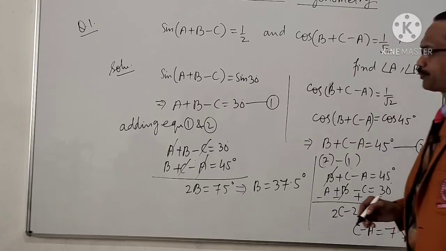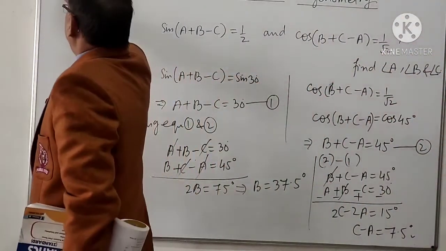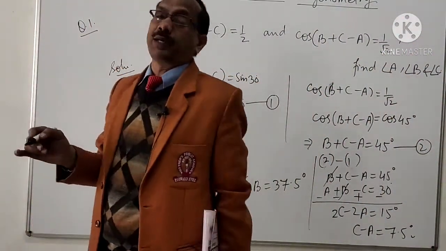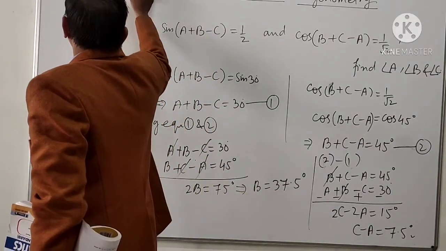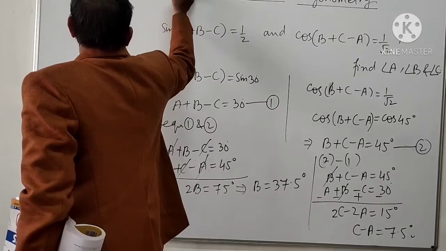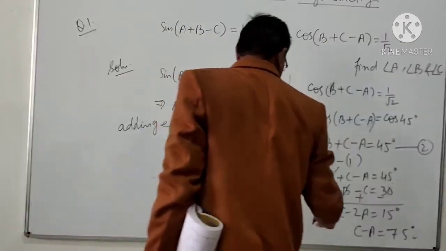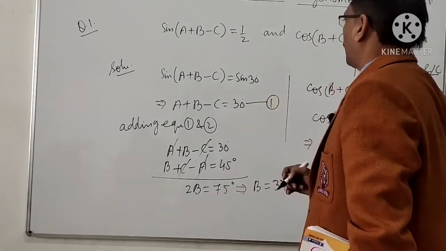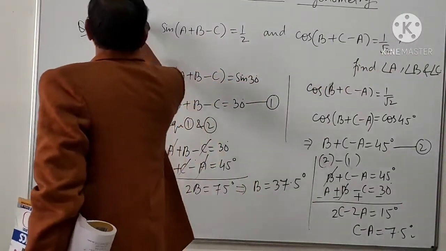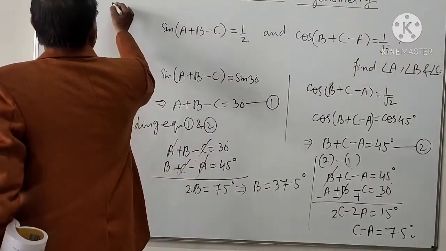Now, we know that sum of all the angles of a triangle is 180 degrees. Means A + B + C equal to 180 degree. Here, we know the value of B. Value of B is 37.5 degree.